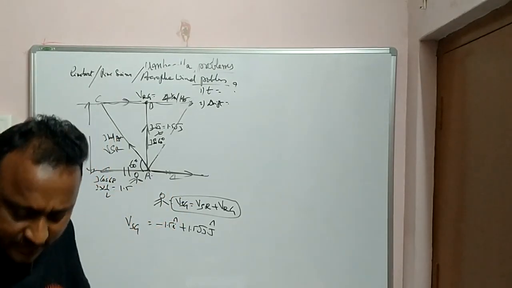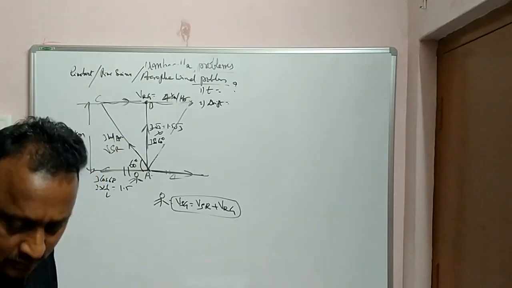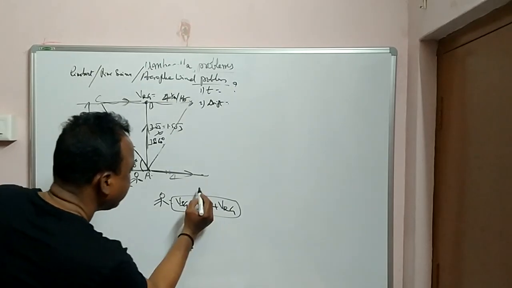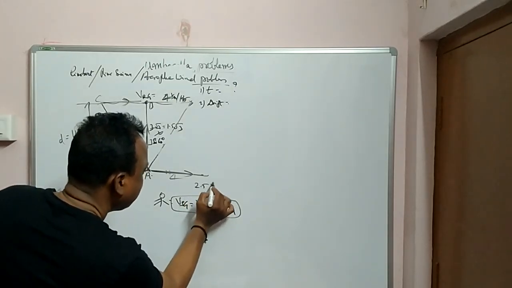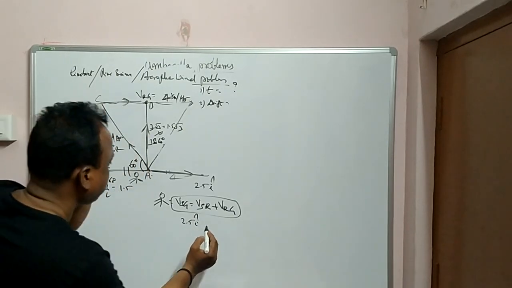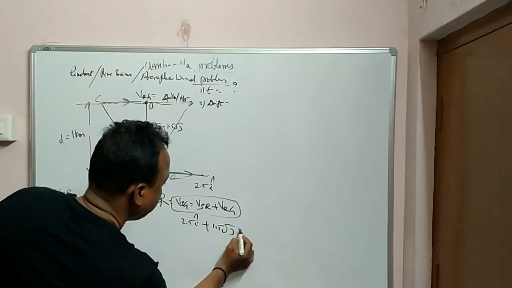Now the value will be changing. So what is the net value now? The net value is 2.5 i cap in this direction, and in this direction, plus 1.5 root 3 j cap.